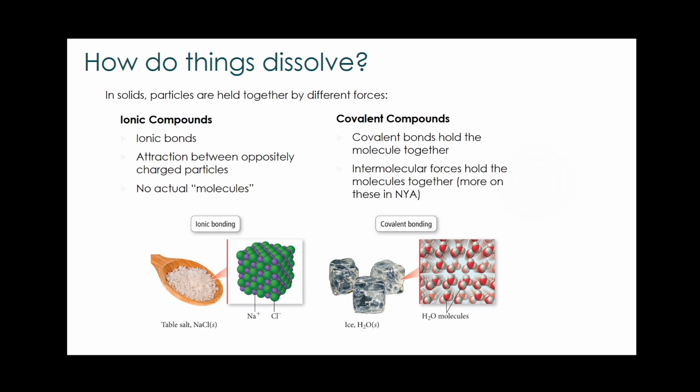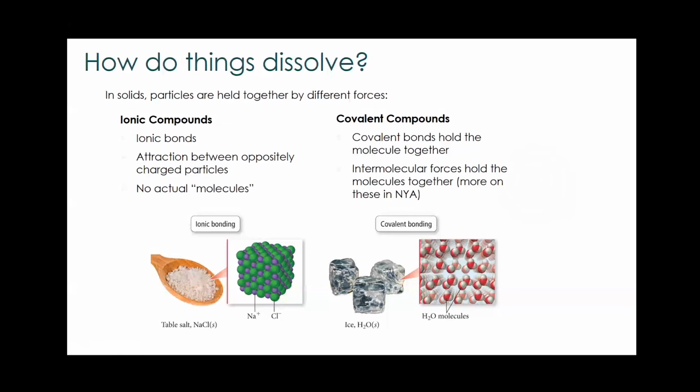So if I have solid table salt, for example, sodium chloride, you can see that in purple, those are sodium ions, and in green, those are chloride ions, Cl minus. And none of these are really attracted or connected to one other one in particular. They're all surrounded by each other. In contrast, covalent compounds have actual chemical bonds.